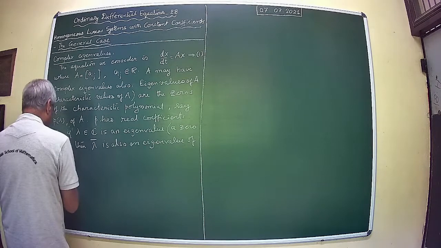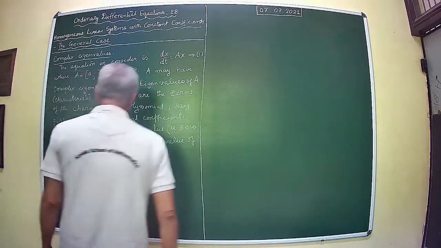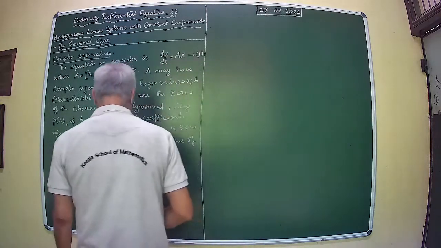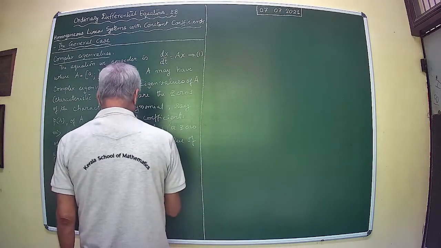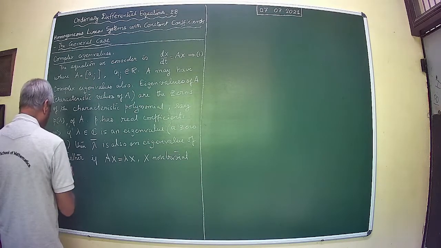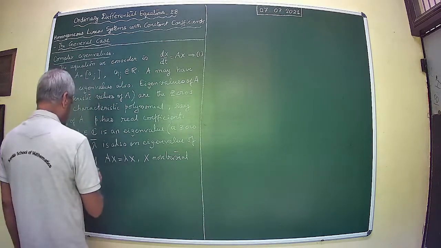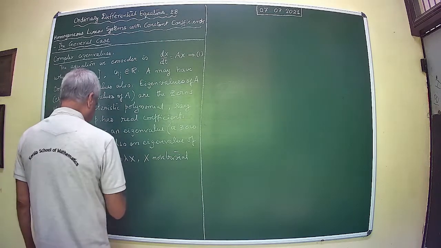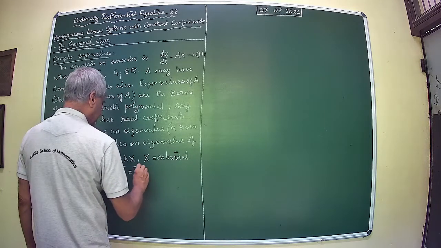Further, if Ax = lambda x, with x nontrivial and complex valued, then A x conjugate = lambda conjugate x conjugate.